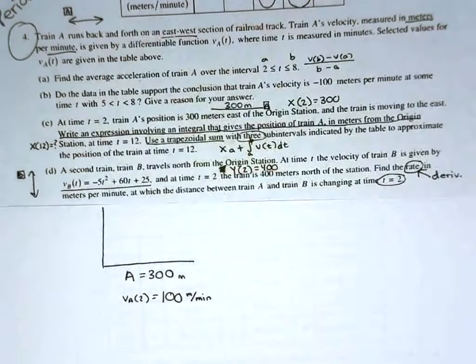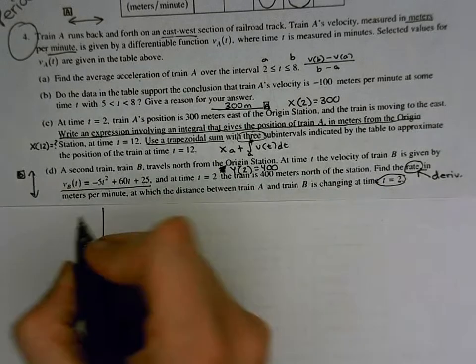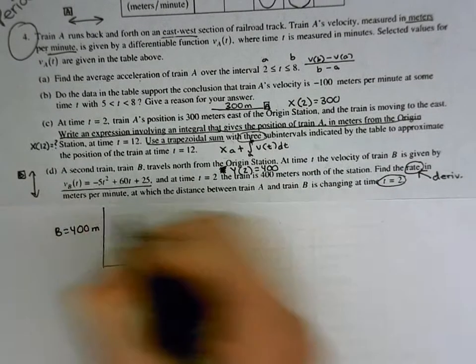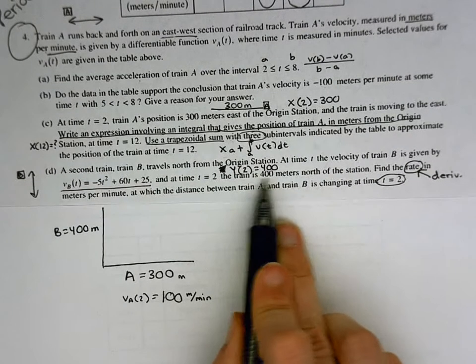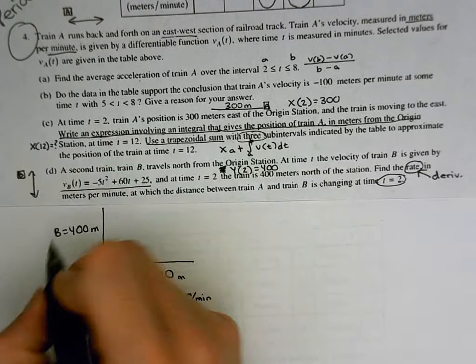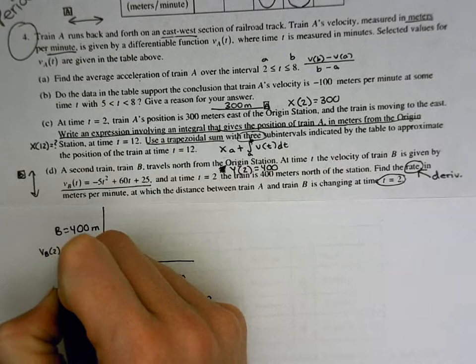And again, I'm told some stuff about B as well at t equals 2. Well, B at t equals 2 was 400 meters away from the origin station, right? That was given right here. And I know what my velocity is of B at 2.